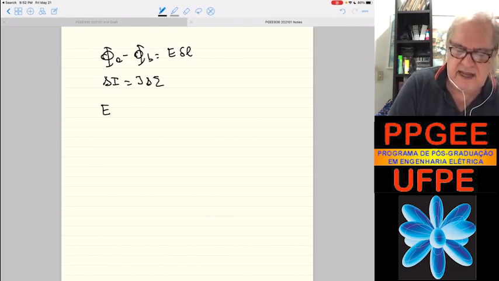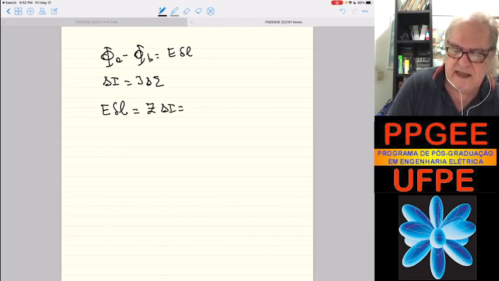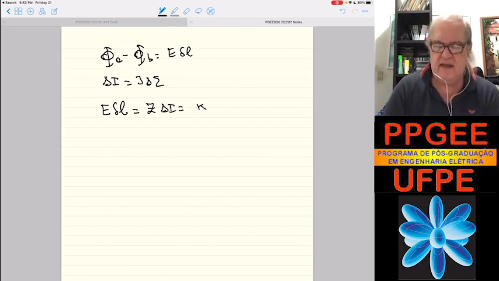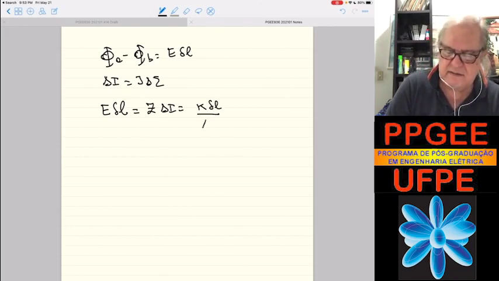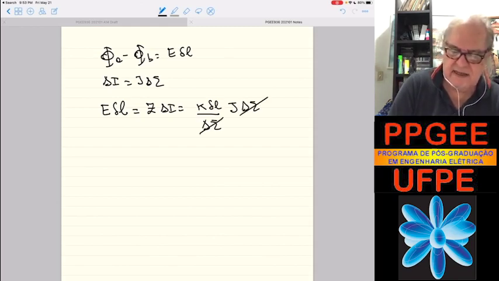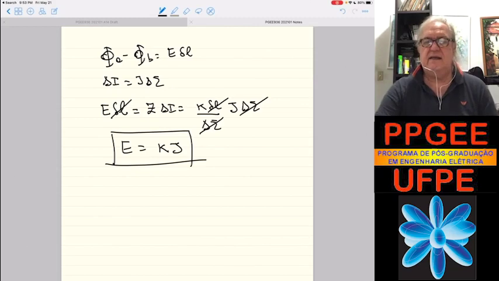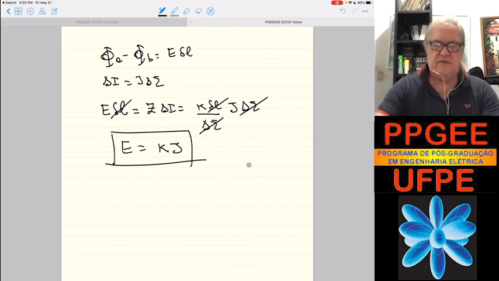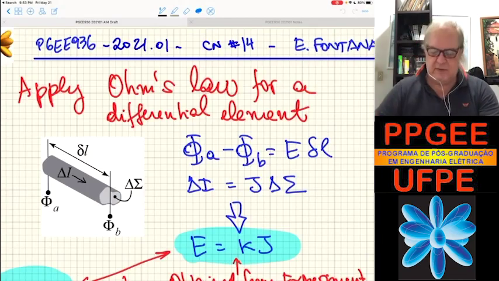So Ohm's law is that the tension, which is the voltage, E delta L, equals the impedance times the current. The impedance is resistivity times length over area, and delta I is J times delta sigma. So we have that, right? Then we cancel out delta L. Then we have E equals kappa J. That's the relation obtained from Ohm's experimental law.